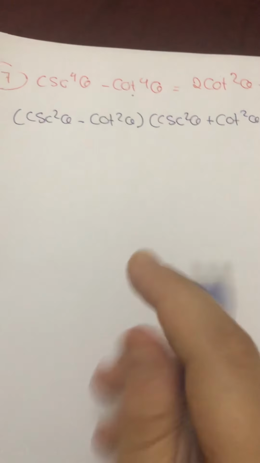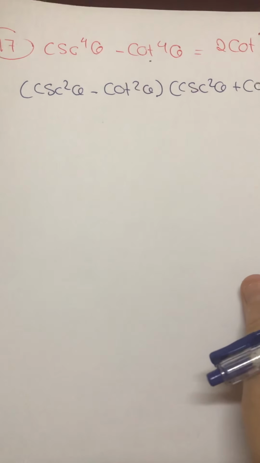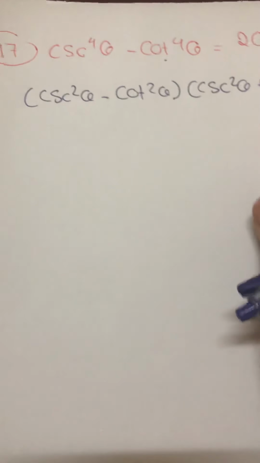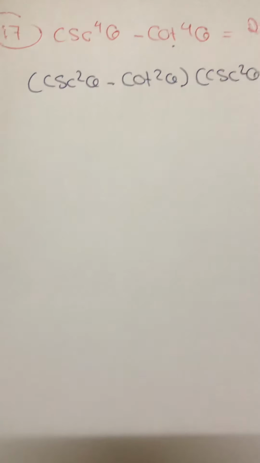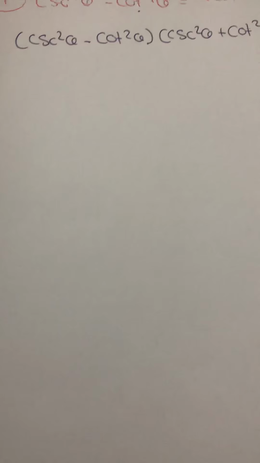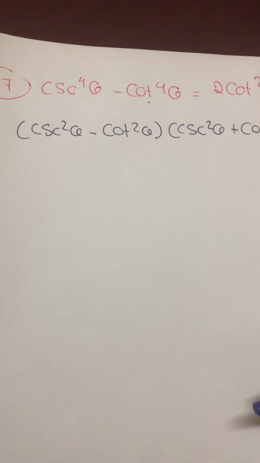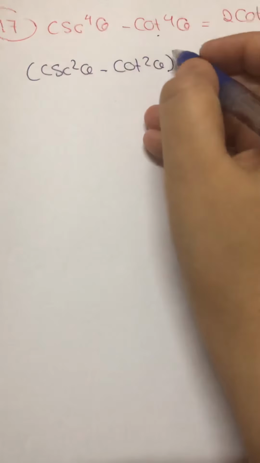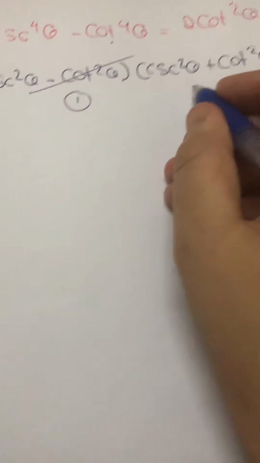Okay, and I know that I want an answer full of cotan only. Regarding this part, cosec squared minus cotan squared is equal to 1, right? So I can just say that this is equal to 1 and work on this part.